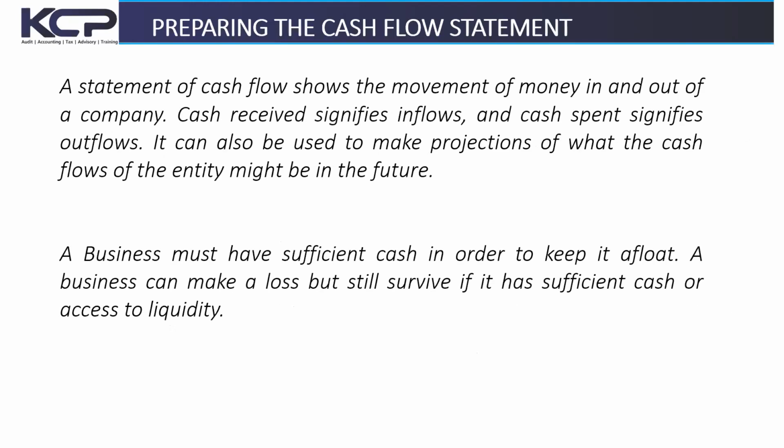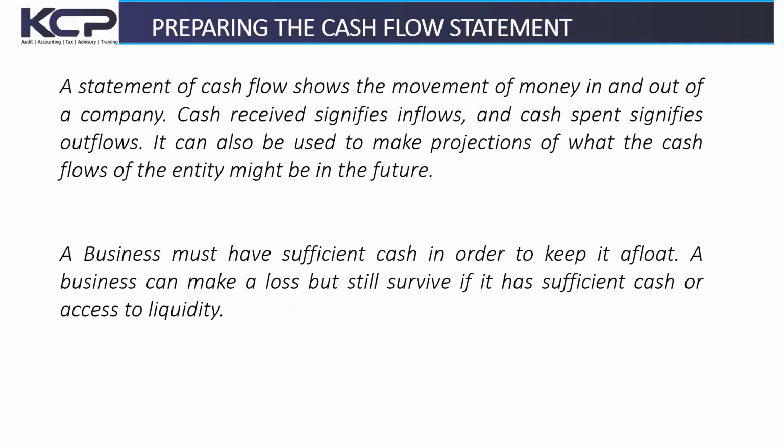Then in preparing the cash flow, basically what many of us know is that this statement is governed by IAS 7, and the standard actually prescribes two methods, of which you have to choose either, the direct method or the indirect method. But I put it to you, what method is actually recommended by the standard?